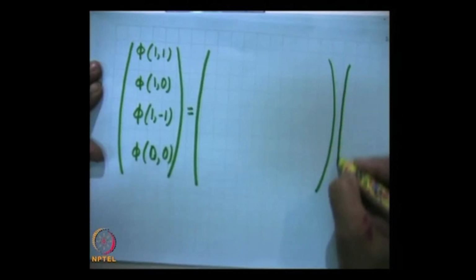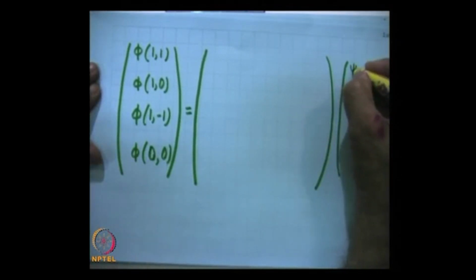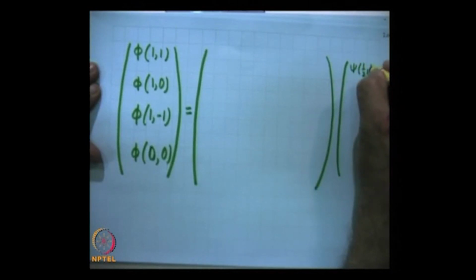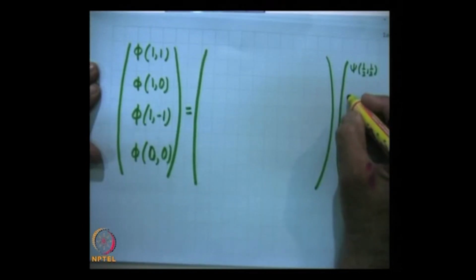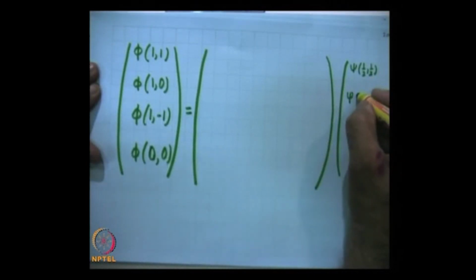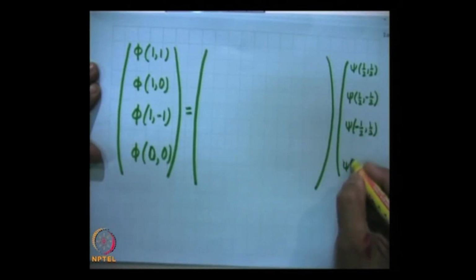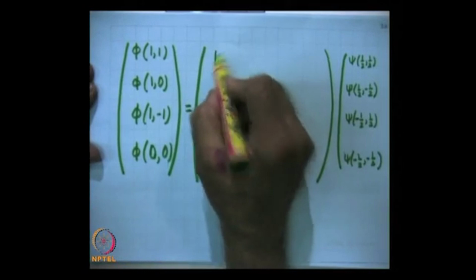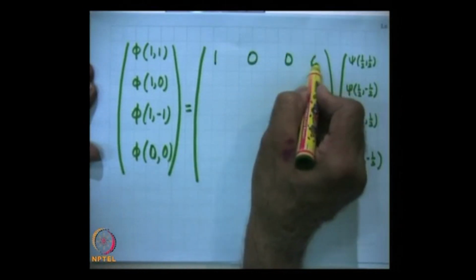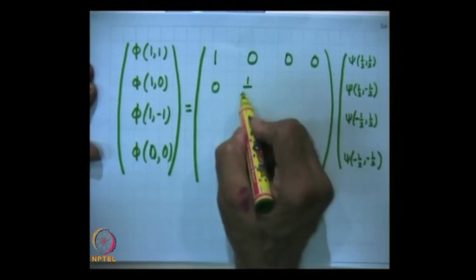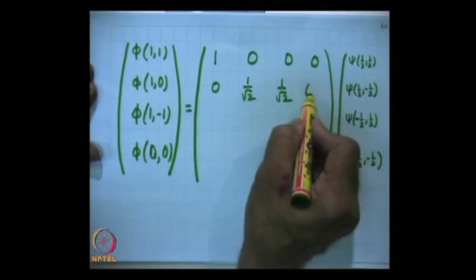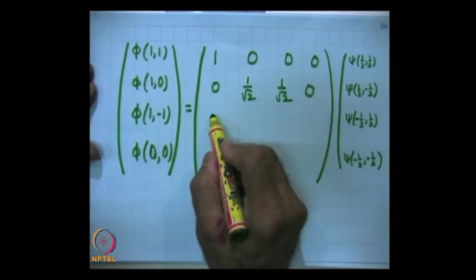and then I write this as psi half half, which is up up, and then the second one will be psi half minus half, and then psi minus half half, and psi minus half minus half, and the coefficients will be 1 0 0 0, 0 1 over square root of 2, 1 over square root of 2, 0, third one will be 1 minus 1.